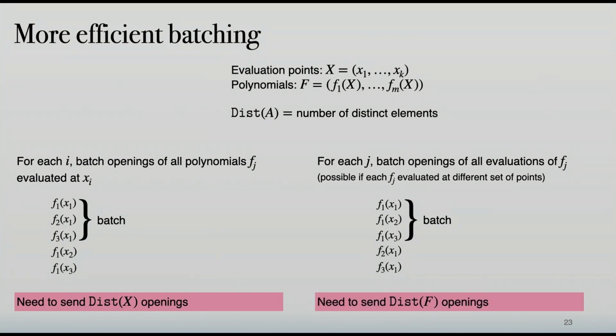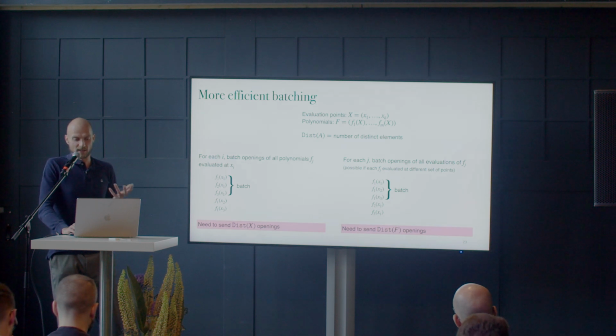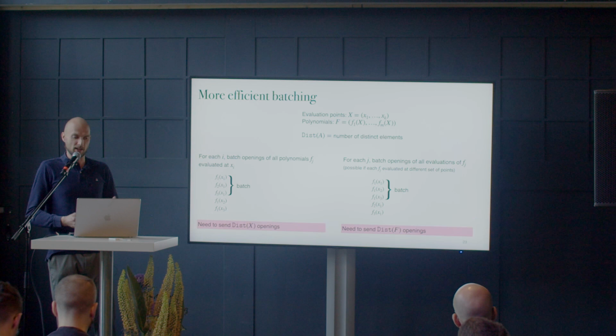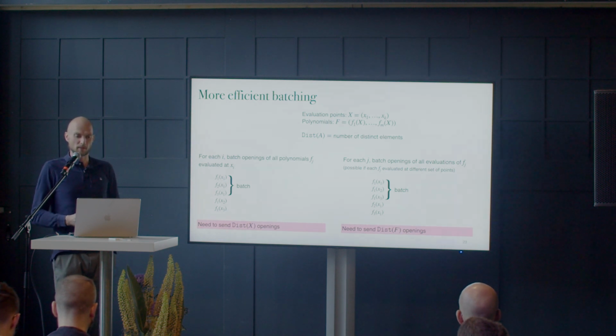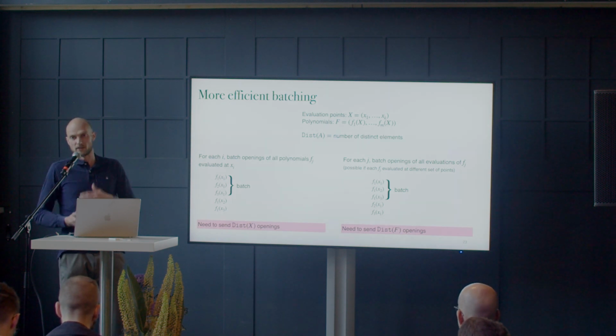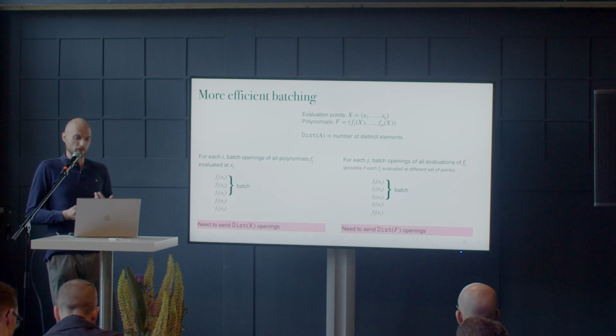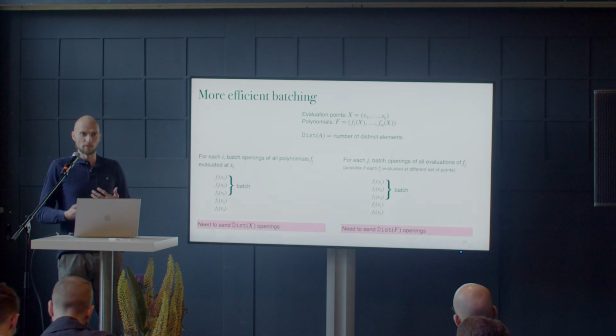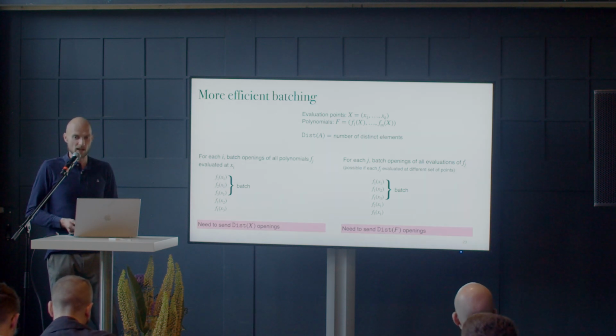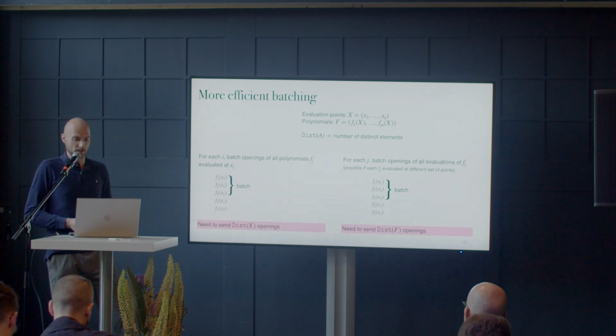And in this case, we need to send f openings. Okay, so this is a trade-off. When you need to open your polynomials at multiple points, then you want to use the second way of batching. But if you have multiple polynomials evaluated at the same point, then you should be fine with the first way of batching.